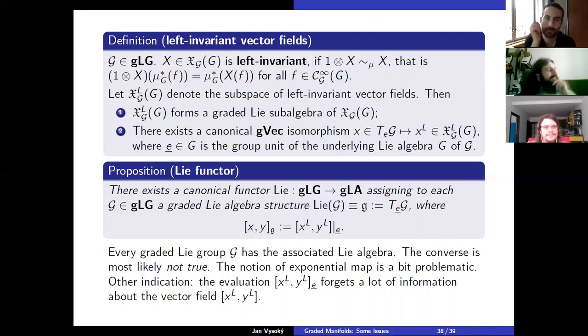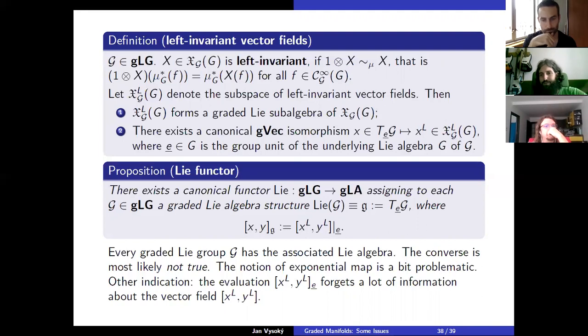Then I can actually answer your question, because you can take graded groups which are just shifted vector spaces, and if you shift them by different numbers, they are not diffeomorphic because they have different graded dimension, and the underlying Lie group is trivial for both of them.